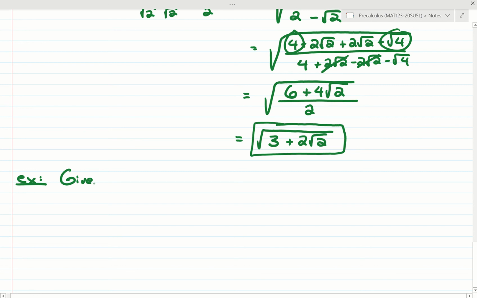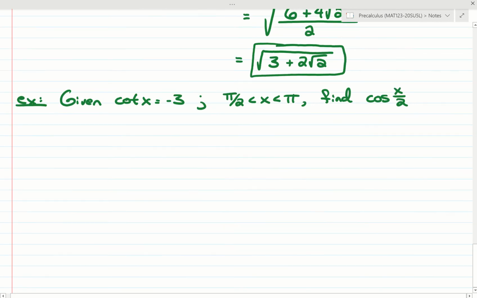Let's say given cotangent of x is equal to -3, and x is between pi over 2 and pi, find the cosine of x over 2. All right, so we see a few different things here.